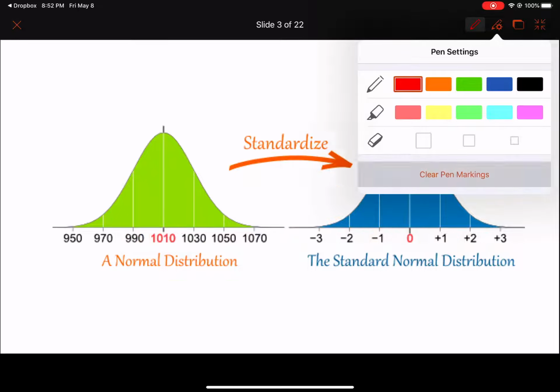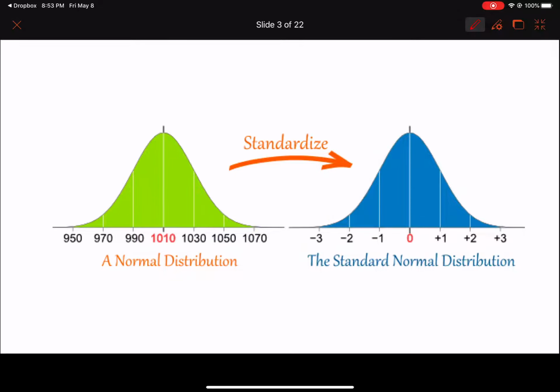So this is something you are going to need to know and remember for tests and quizzes. The standard normal distribution is based on z-scores, when everything's been converted to z-scores. A regular normal distribution uses the actual values of the data rather than z-scores. So remember that. You'll need that on a test.